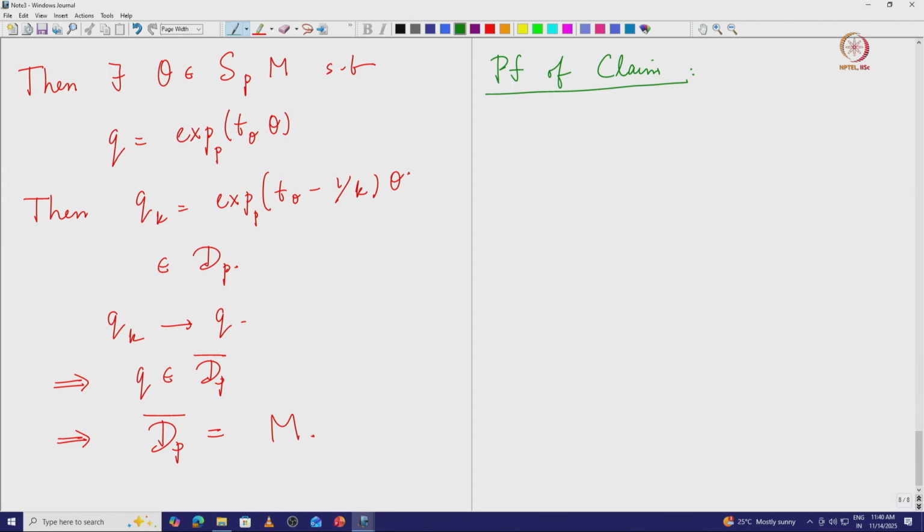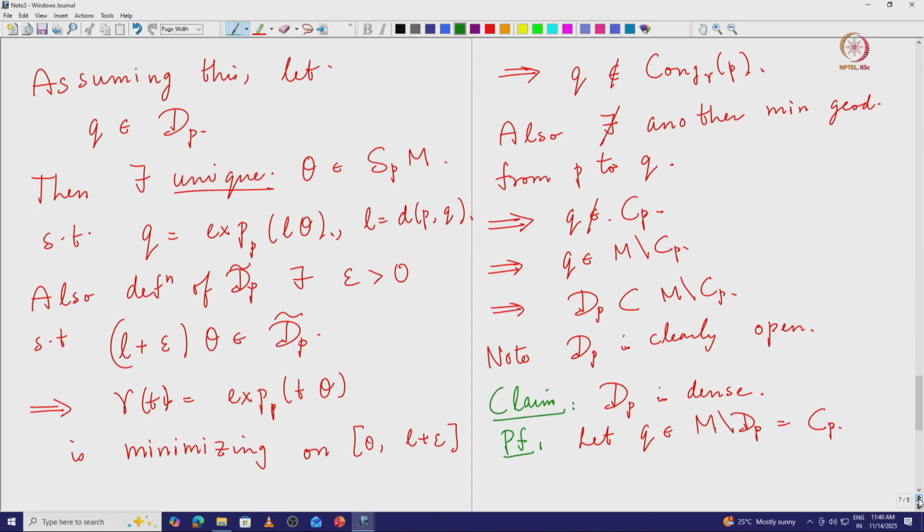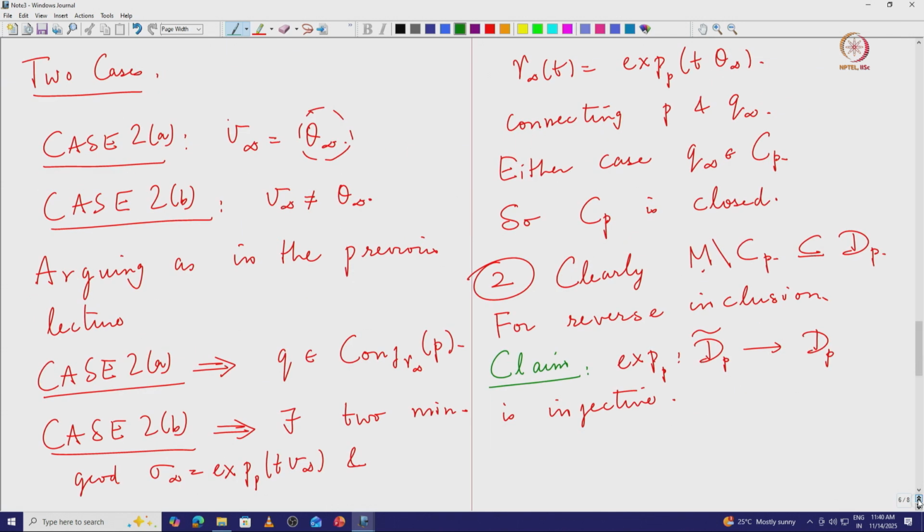So we have to show that this is actually injective. Remember what was the claim?